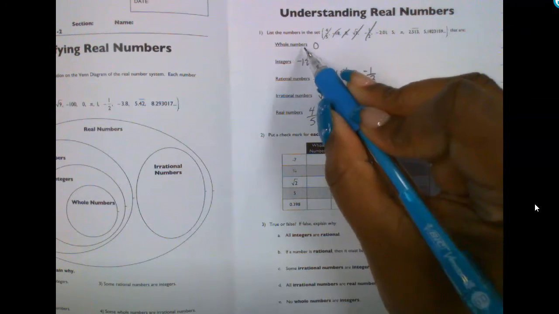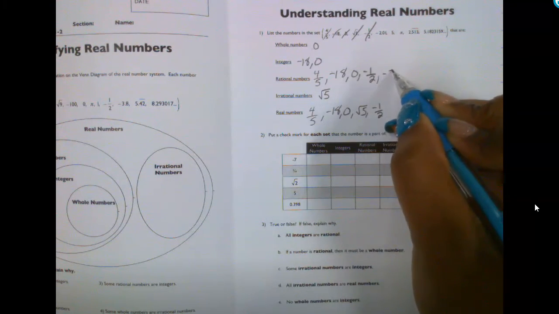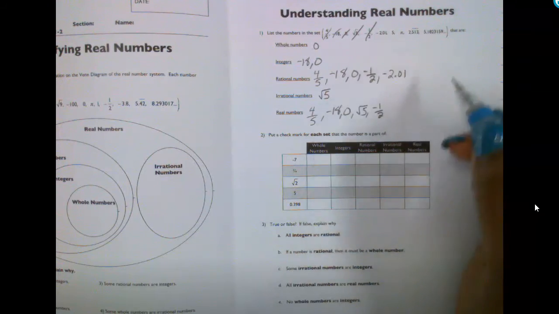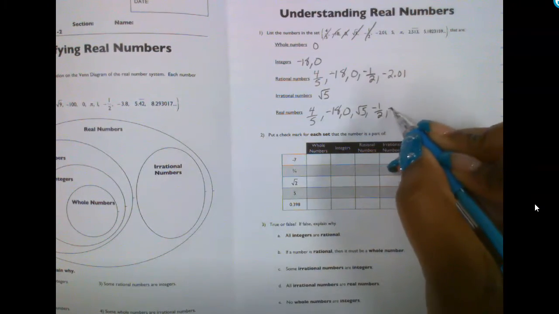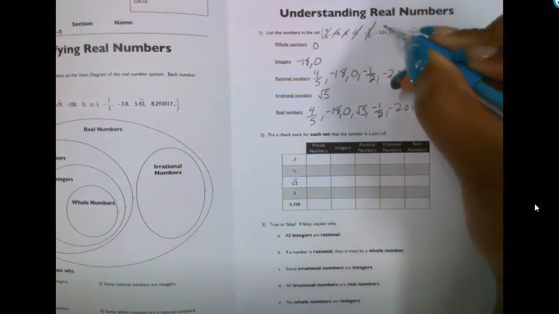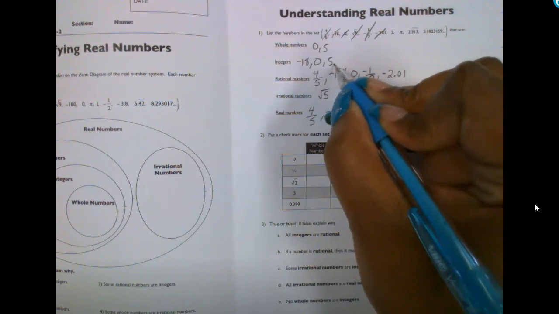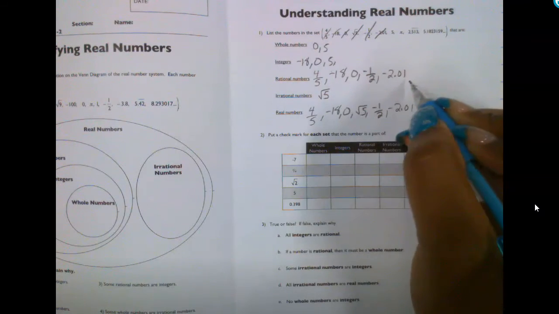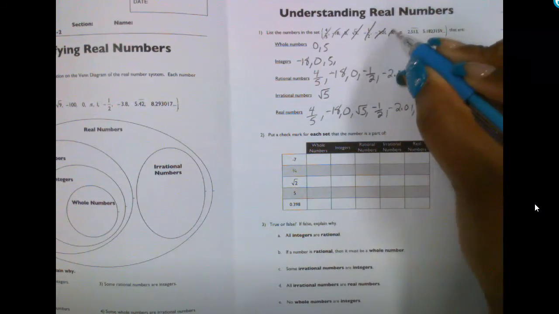These decimals can't be whole numbers or integers, but they can be rational. Okay, and it stops. It's a terminating decimal, so it's definitely rational, and all numbers are real numbers. 5 is a whole number. It is also an integer. It is also a rational number, and all numbers are real numbers.